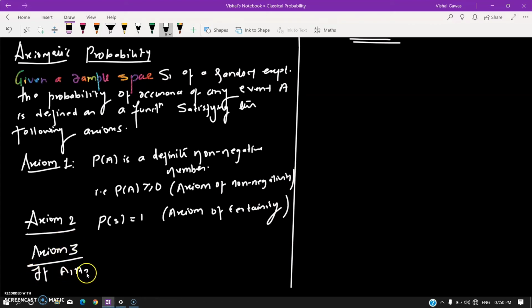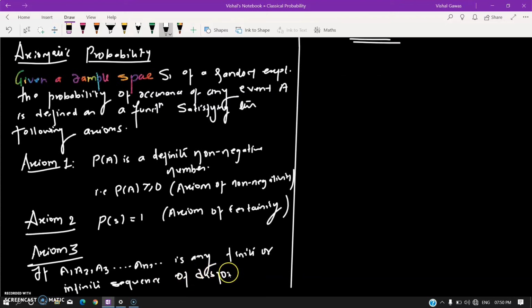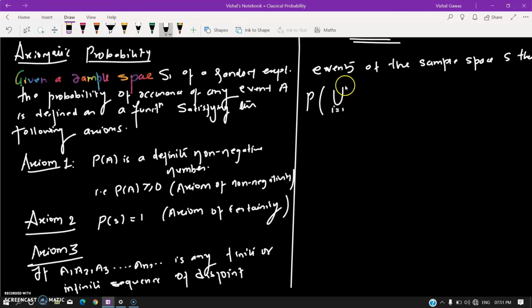If A1, A2, A3, and so on up to An and so on is any finite or infinite sequence of disjoint events of the sample space S, then the probability of the union of Ai, i going from 1 to n, is nothing but the sum of the probabilities.